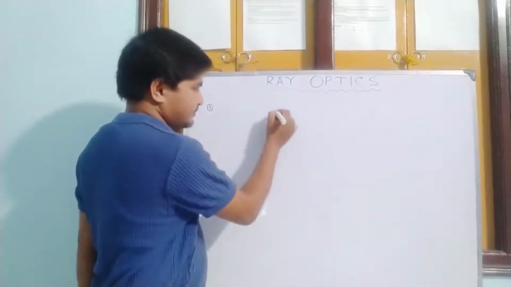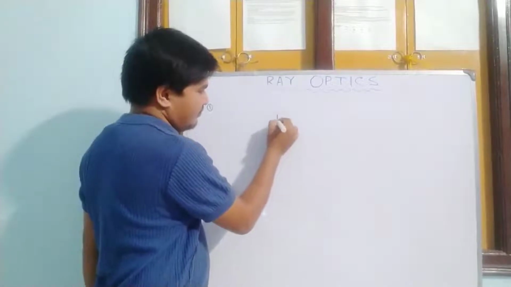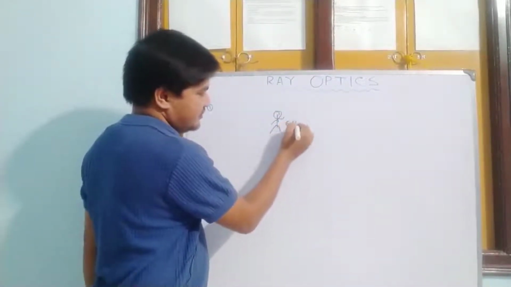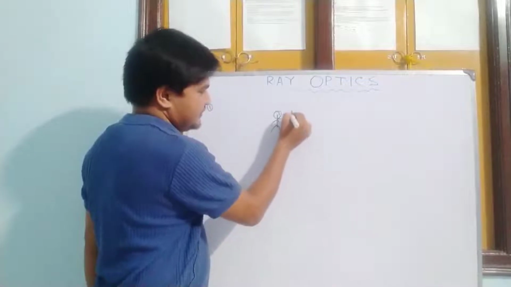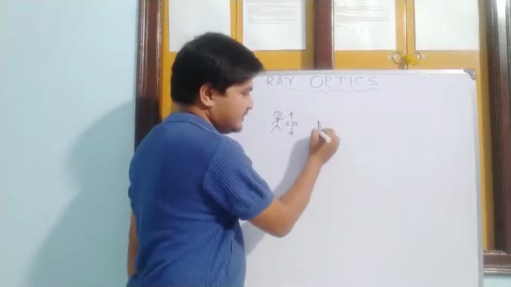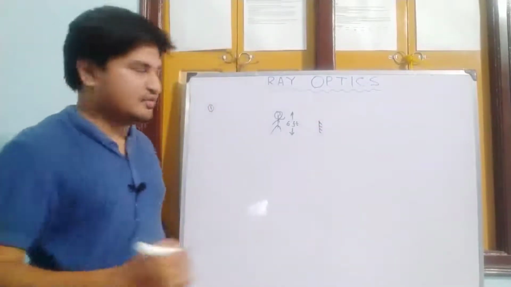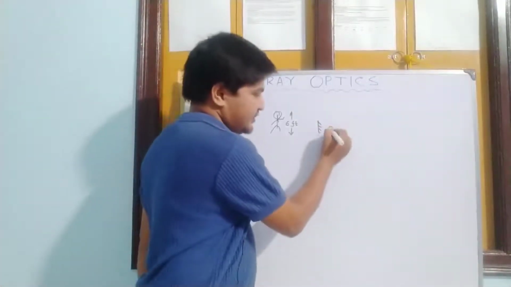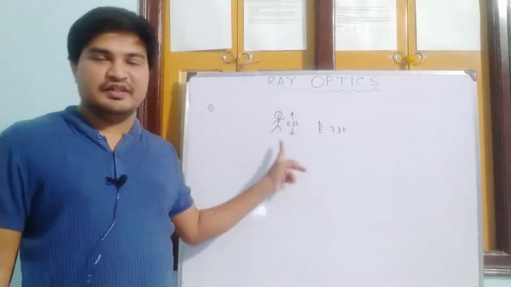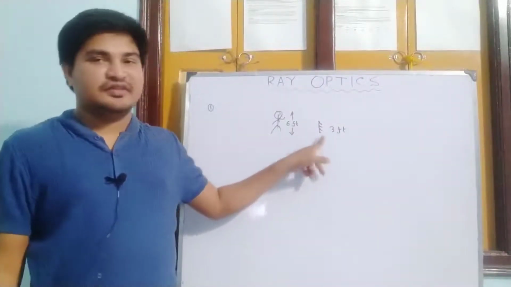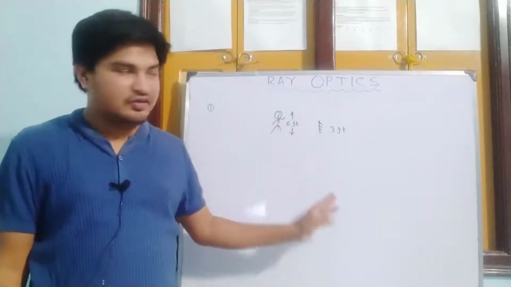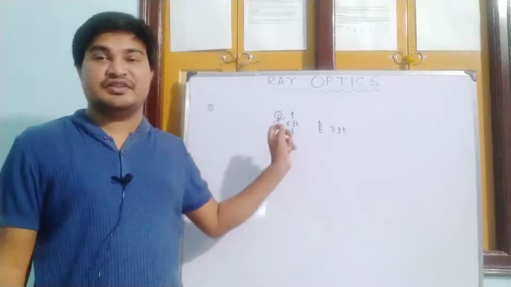If I consider a man of height 6 feet, the minimum length of the mirror that is required is 3 feet. That is, half of the height of the person is required, and it's not important at all where the eye of the person is.